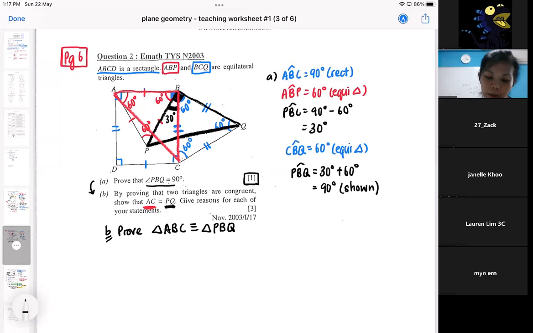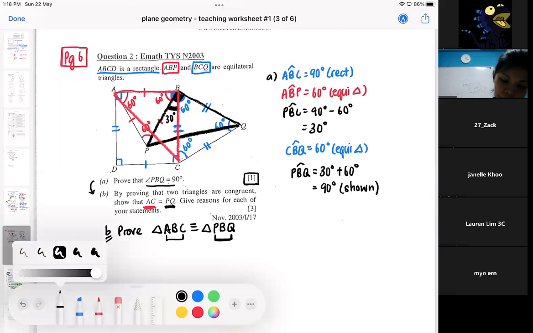So I'm trying to prove this so that eventually AC can be equal to PQ. So that's my purpose. Then mentally you've got to go back and run through what the congruency tests are. So let's run through them first.